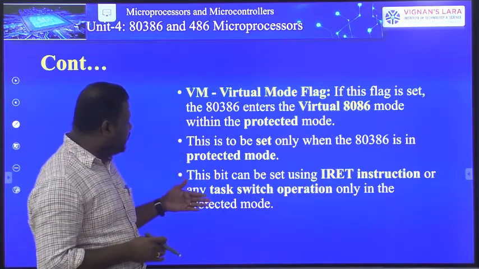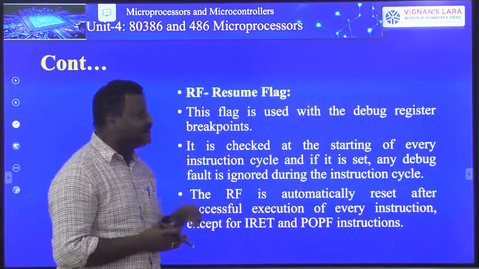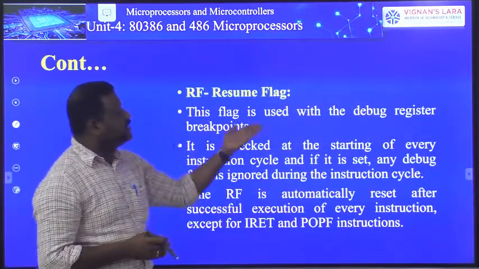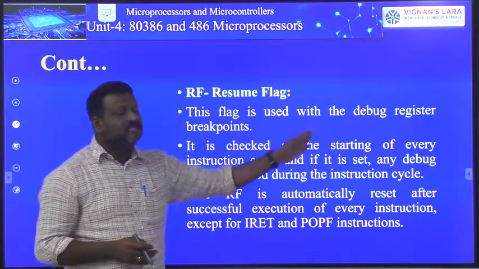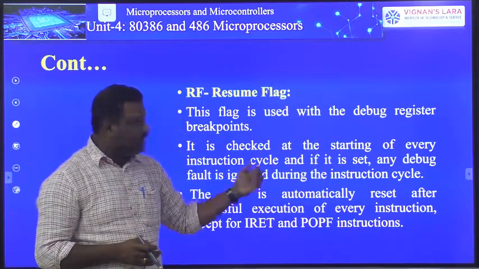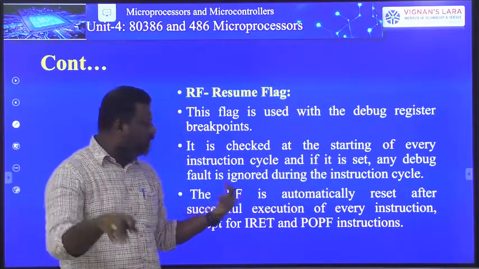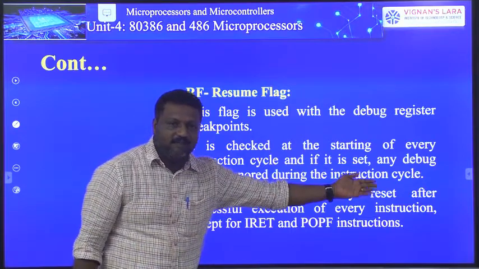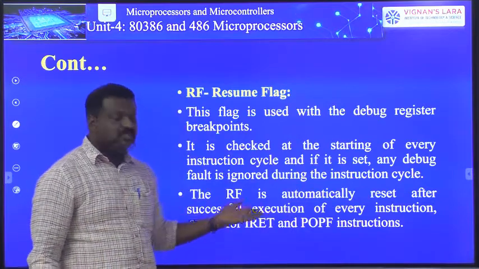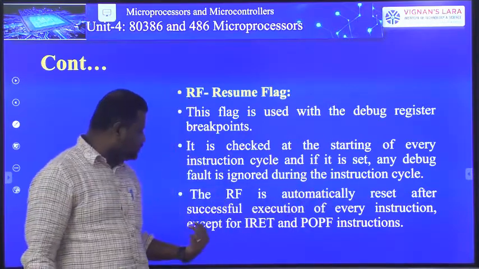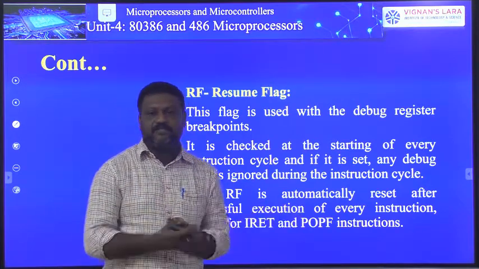And next we have one more flag that is newly defined, that is the resume flag, RF. This flag is used with the debug register breakpoints. It is checked at the start of every instruction cycle, and if it is set, any debug fault is ignored during the instruction cycle, and the RF is automatically reset after successful execution of every instruction except for IRET and POPF instructions.